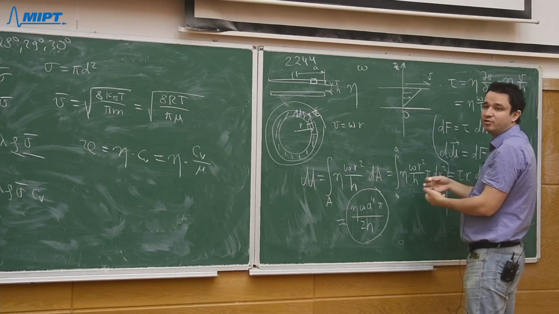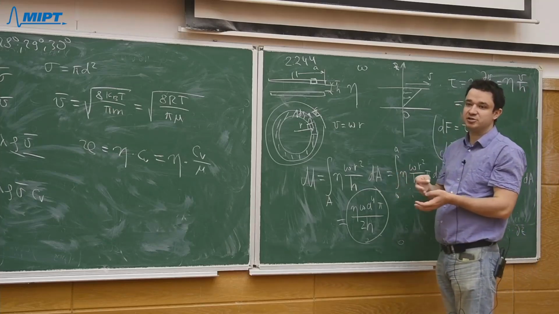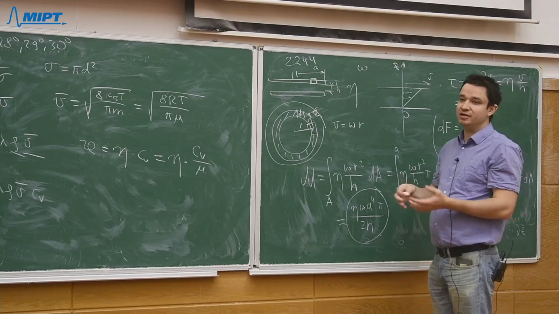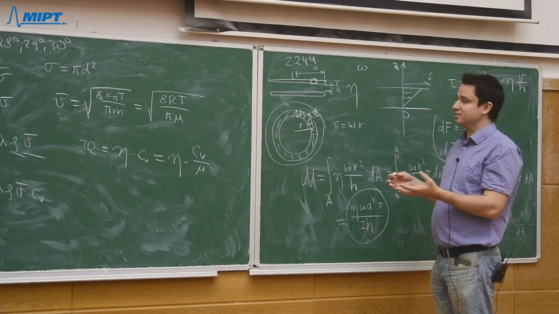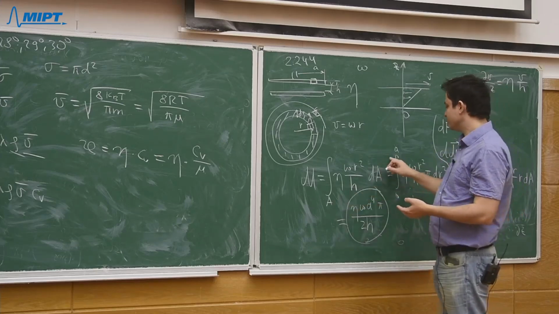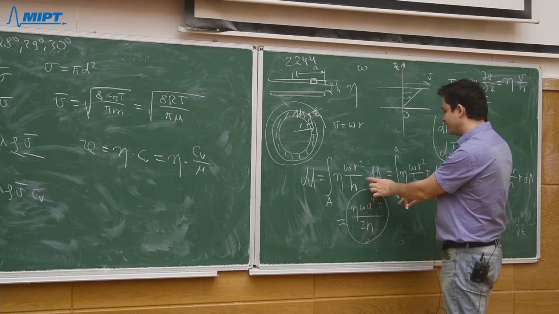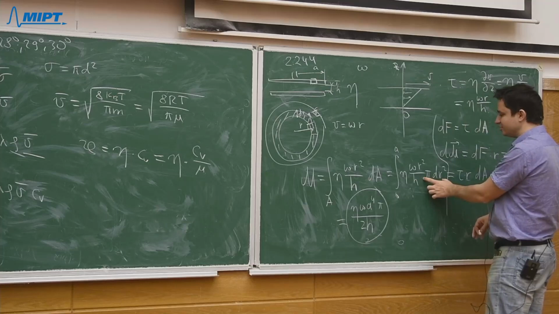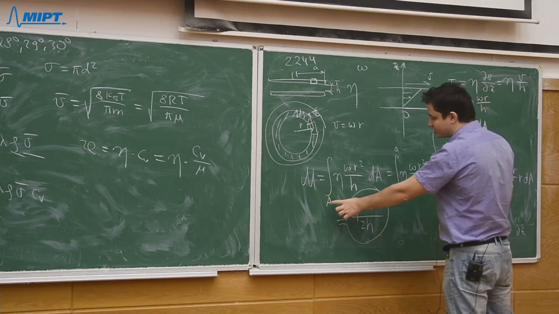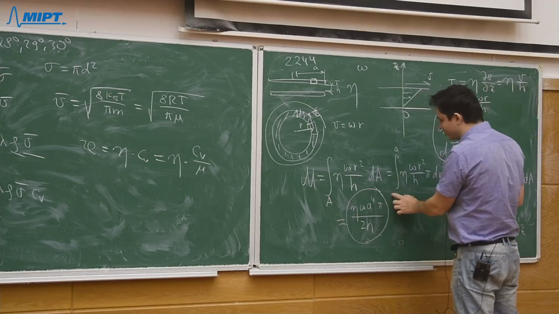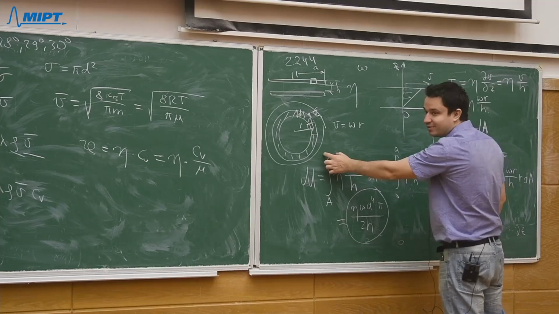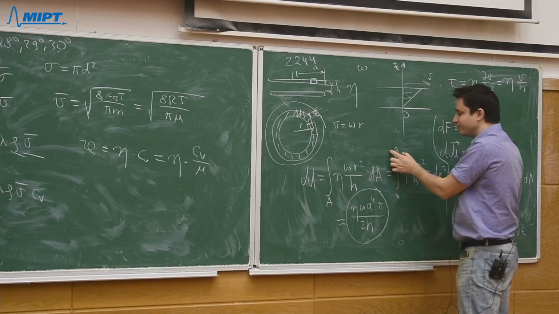So I go not from capital A to small a. I don't just literally replace capital A by small a. As you see, if you look at this formally, I replace dA by pi dr squared, and I also replace capital A by 0, and I also replace something which is non-existent here by small a.